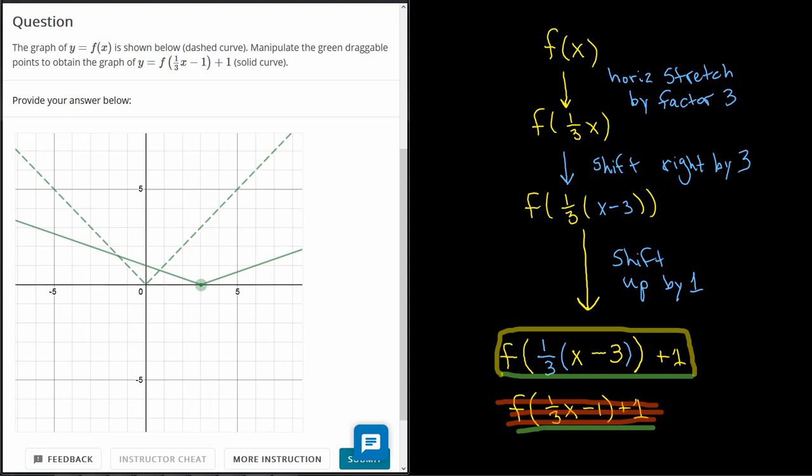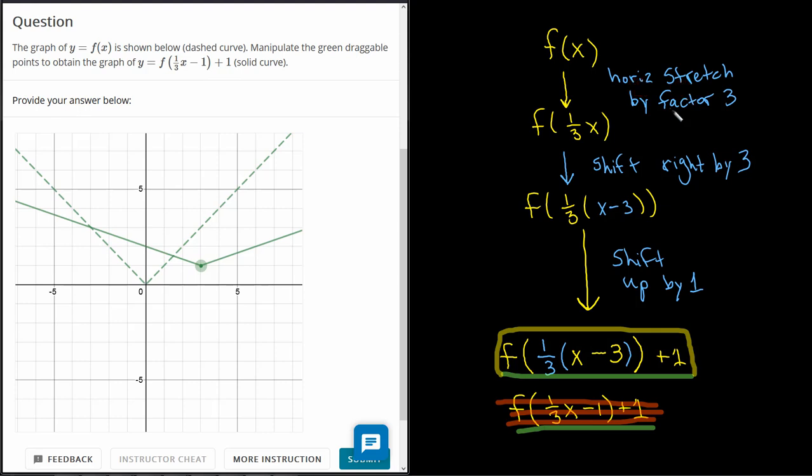So graphically, I'll take this graph and move it up by 1. And now I think I'm done, because what I did algebraically on the right here is I took our original function and transformed it into this expression, which is the same thing as what the question asked for.